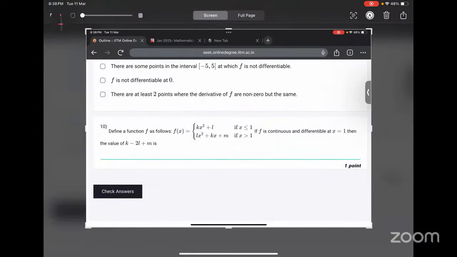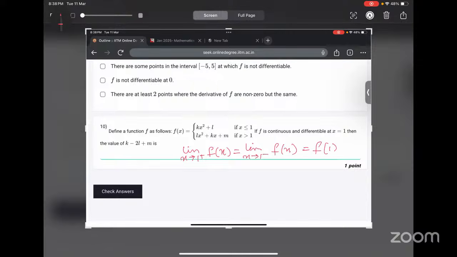If it is continuous, then the left hand limit and right hand limit are equal, and this equals f of 1, because it is continuous at x equals 1. So we have limit x tending to 1 plus f of x equals limit x tending to 1 minus f of x equals f of 1.